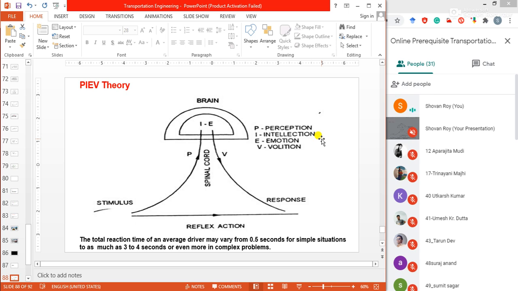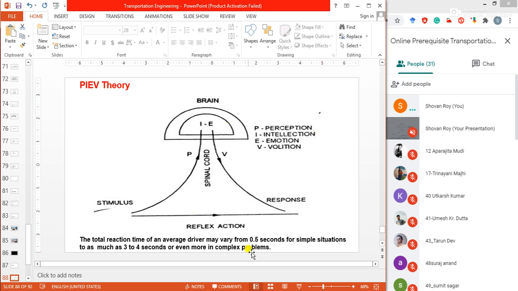Suppose it is only one paper on the roadside. Sometimes no, it is a dog. I should apply the brake, or I should steer my car aside. This type of decision will come at this volition time.